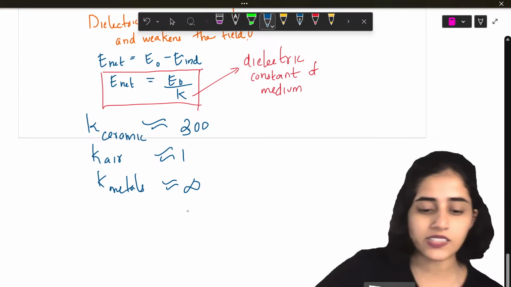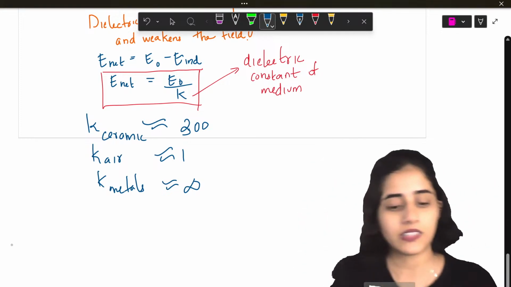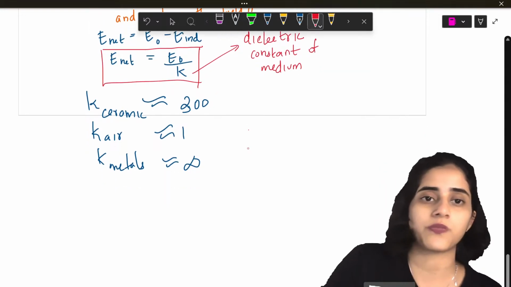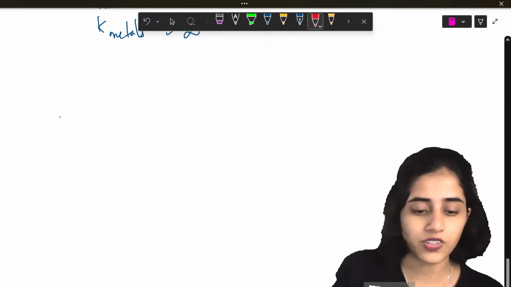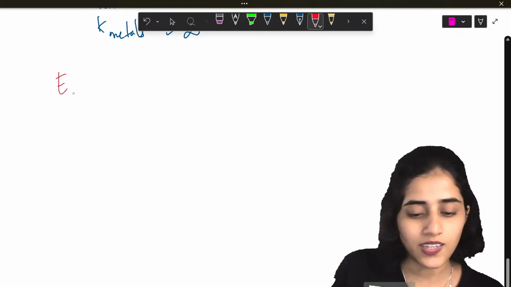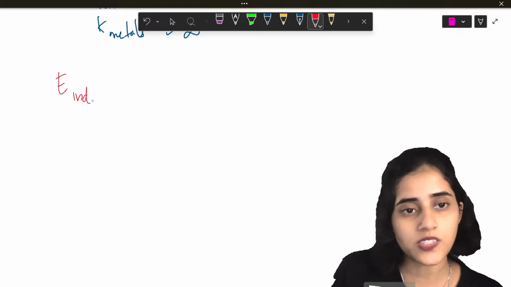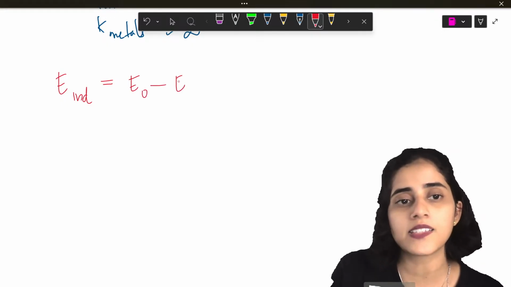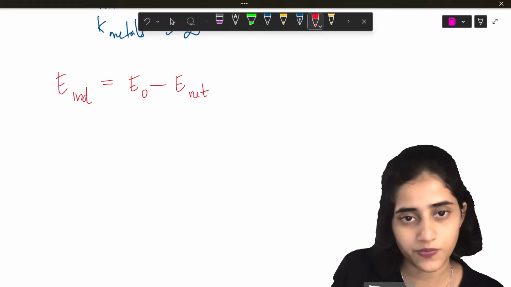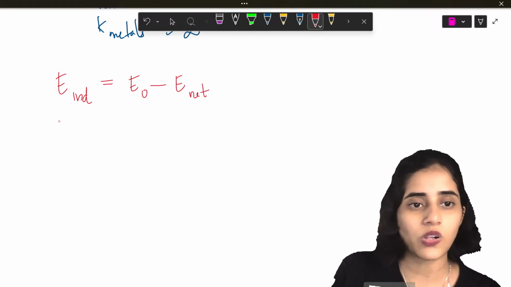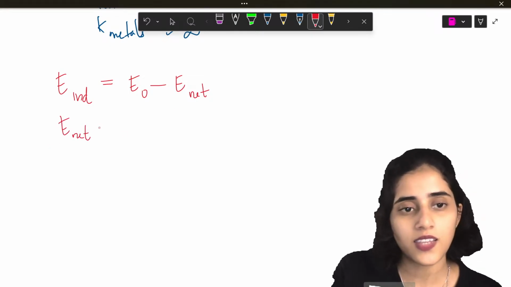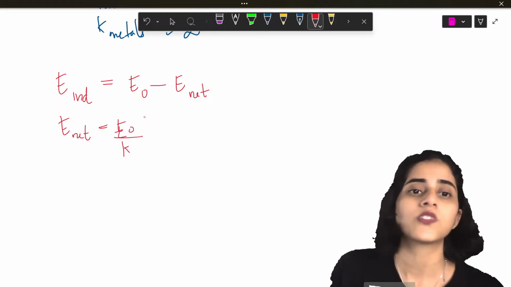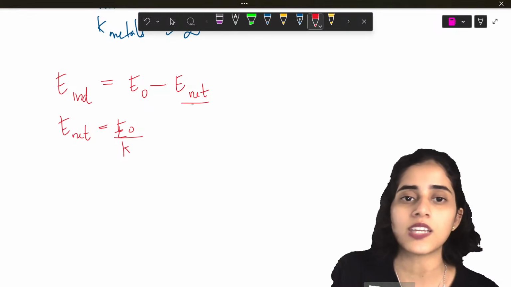Okay, now let's just do some math. E induced is E naught minus E net. And we also know that E net is equal to E naught by K. So now I will substitute E net.